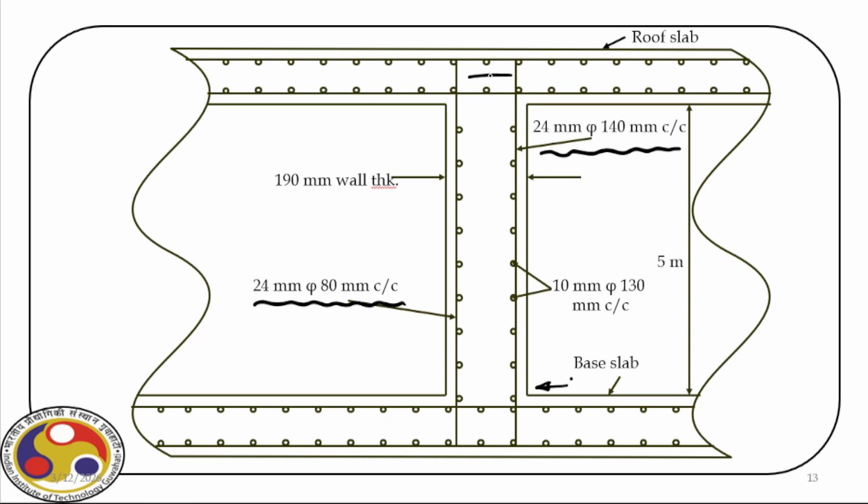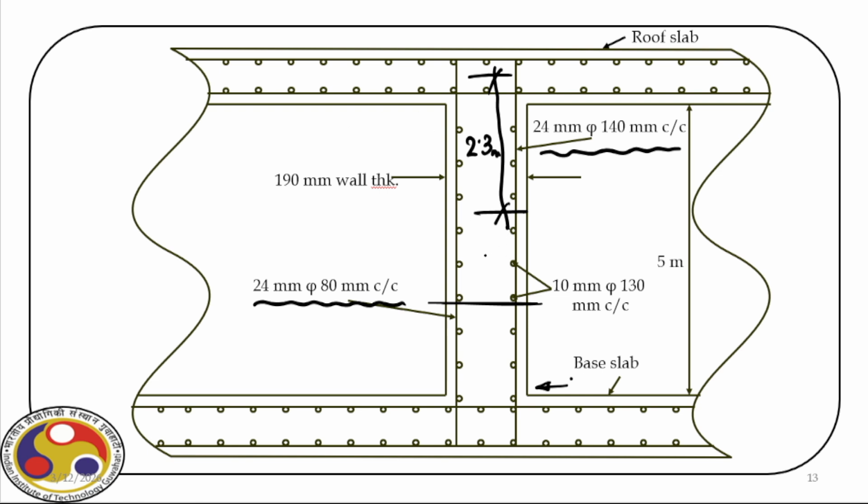Recall, from the top we have maximum bending moment at a distance 2.3 meter. So that means from the maximum bending moment at the base, when we come here, we have somewhere here a point of contraflexure.